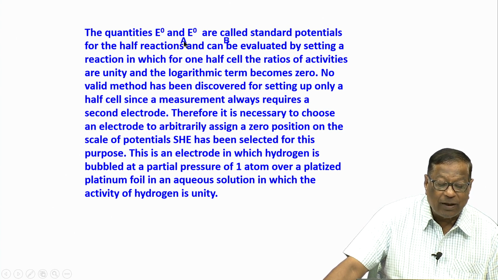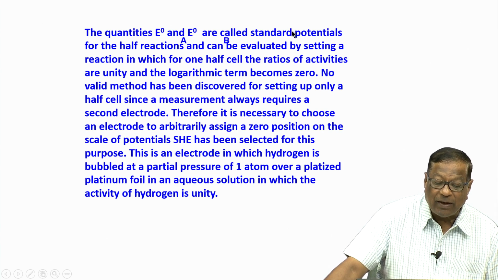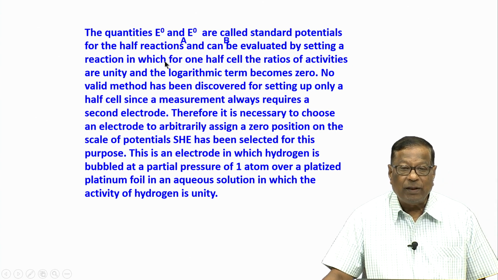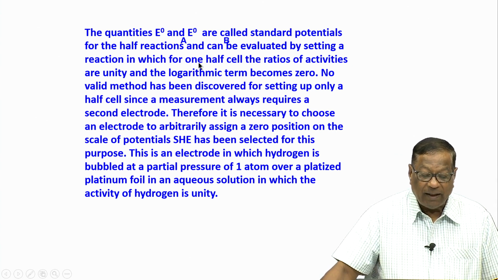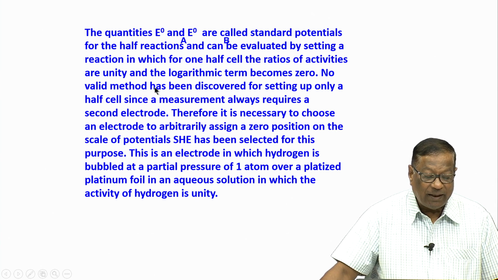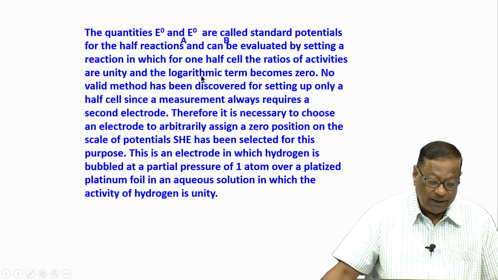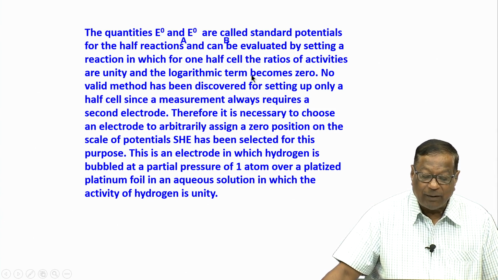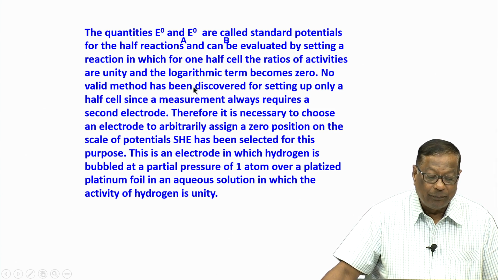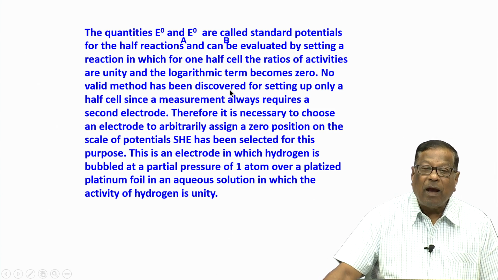E naught A and E naught B are called the standard potentials for the half reactions and can be evaluated by setting up a reaction in which for one half cell the ratios of activities are unity and the logarithmic term becomes 0. So, no valid method has been discovered for setting up only a half cell.